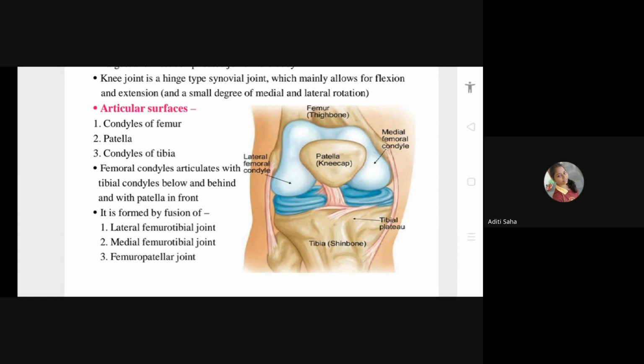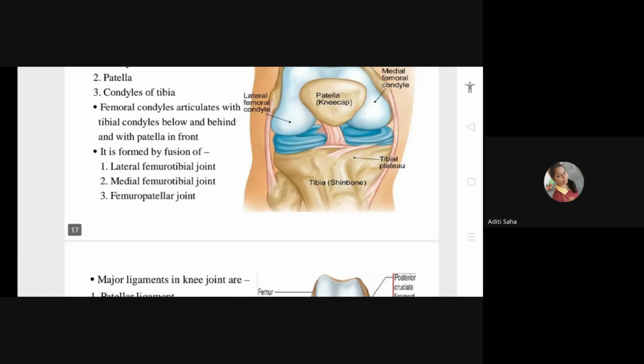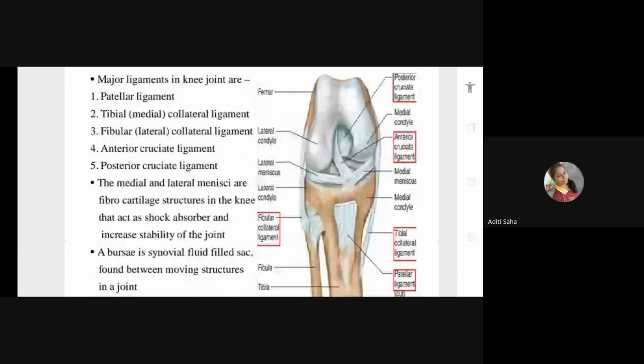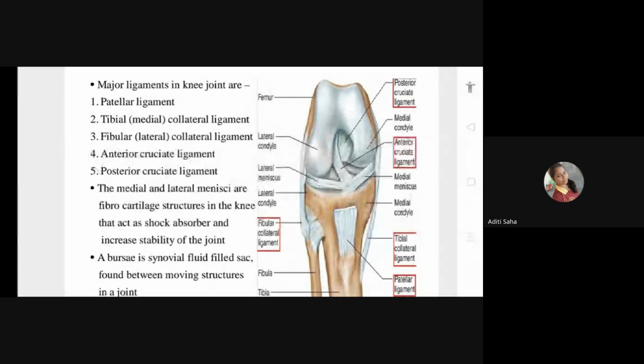Now go to the next slide please. Yes. Here we can see major ligaments in the knee joint: patellar ligament, tibial collateral ligament, fibular collateral ligament, anterior cruciate ligament, posterior cruciate ligament.